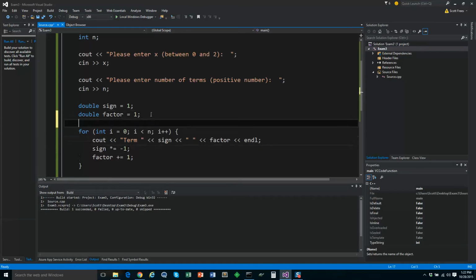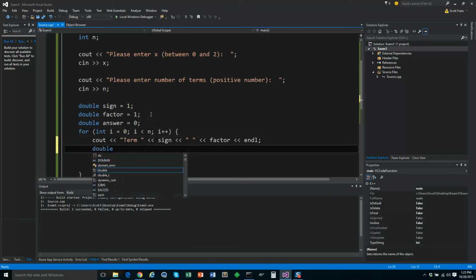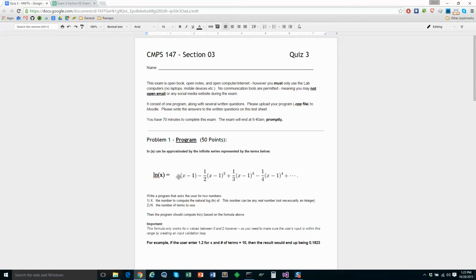So I'm going to create my answer value. Accumulation, when we're using addition, should really start with a value starting at 0. And I'm going to create a term, and I'm going to just make it local to my for loop. My term is the sign times 1 over the factor times x minus 1 raised to the factor.